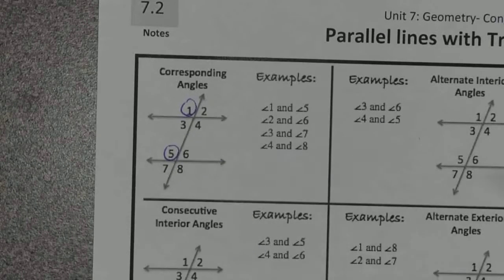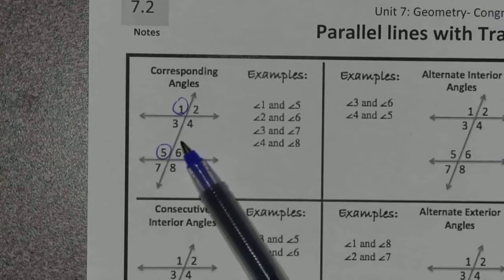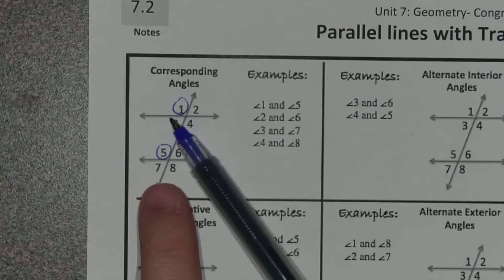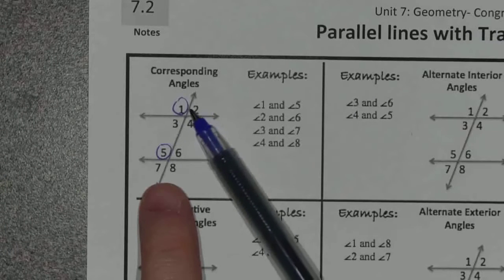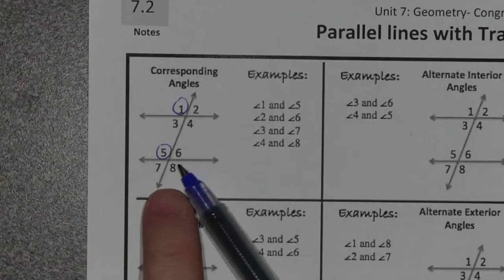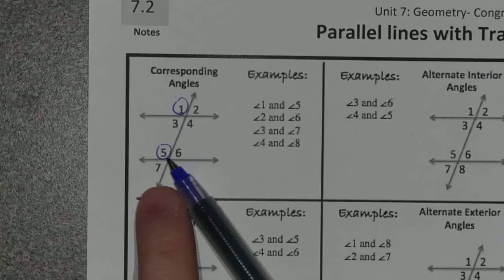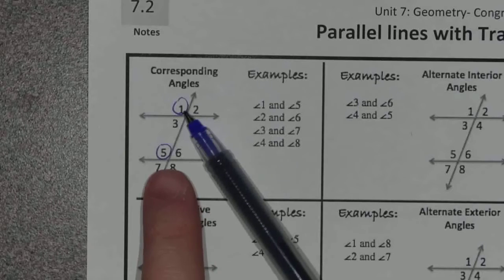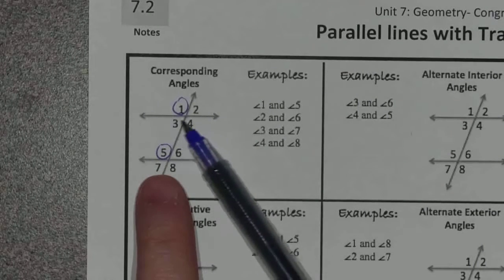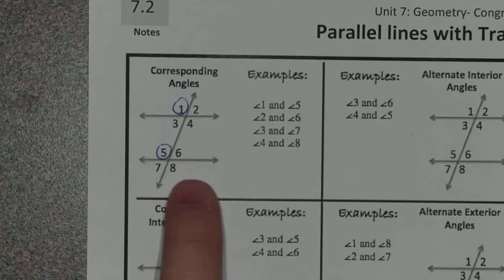How could you tell them where they were or what their relationship was? How about this? Compare it to the cross up here. Do you see that angle 1 is in the upper left-hand corner and angle 5 is in the upper left-hand corner? Do you see that these are in the same position where that transversal crosses the parallel lines?